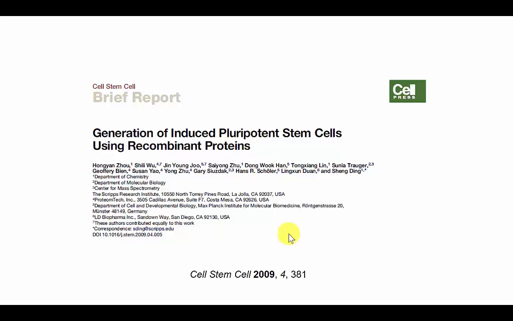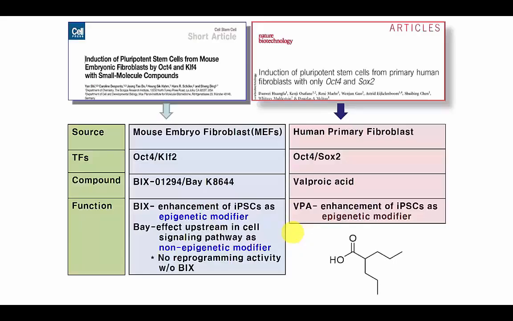Still, you can easily imagine that transferring those huge proteins into the cell may not be so easy. Of course, the best way is utilizing small molecules, something like this. So in the beginning, replacing one of those Yamanaka factors with a small molecule was tested and seems quite successful.